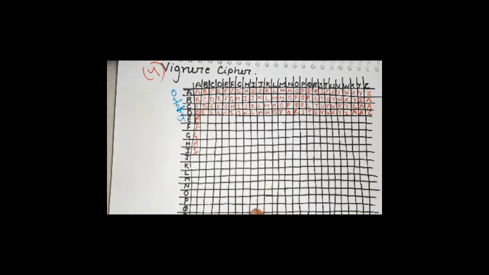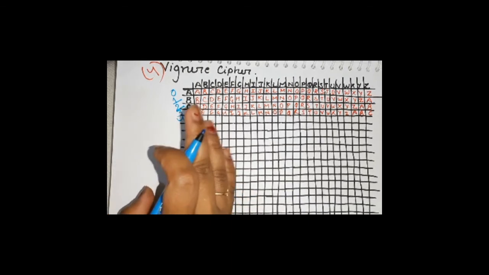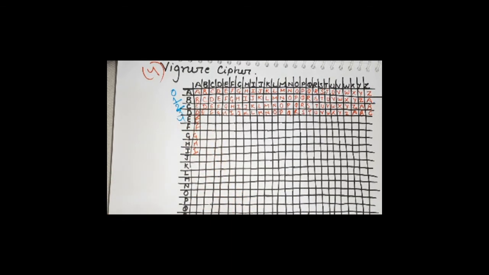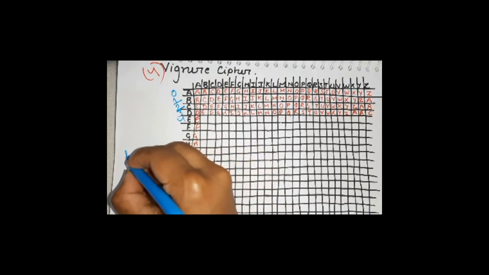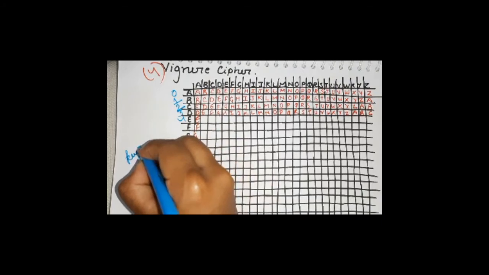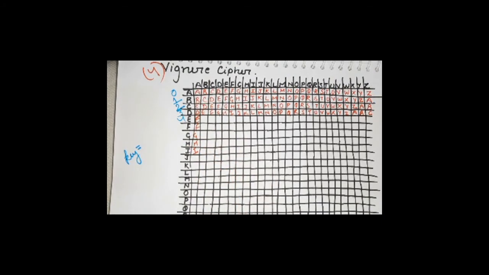Now, how are you going to convert the plain text using this Vigenere table? If you need to convert the plain text into ciphertext in the Vigenere cipher, how will we be doing it? In the exam, you will be given a key. The key will be given in the form of alphabets, in the form of words.